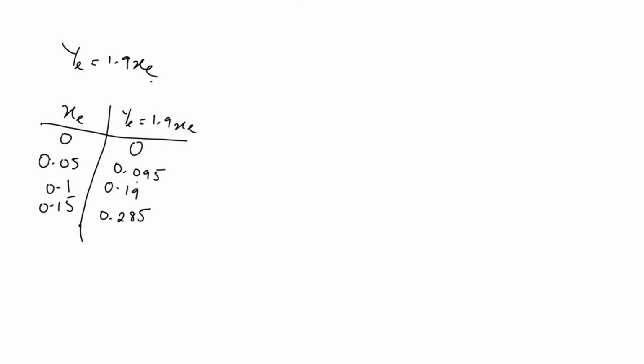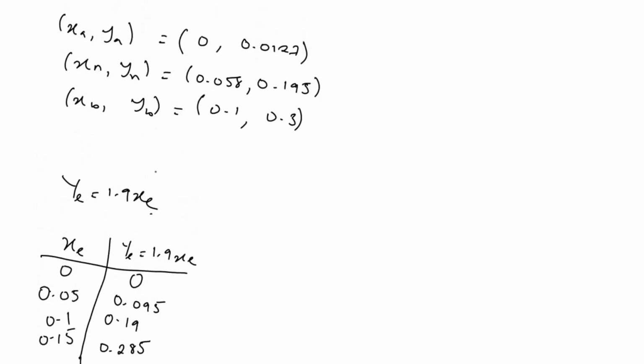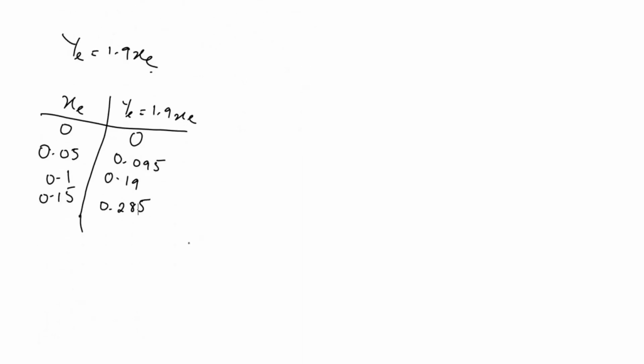Comparing with the operating line, I have X from 0 to 0.1 here too, but for the operating line I have Y up to 0.3. So in my equilibrium line I need 0.3 and above. I need an additional X of 0.2, which will give me 0.38. So here I have 0.38 and there I have 0.3. Now it's okay for me.